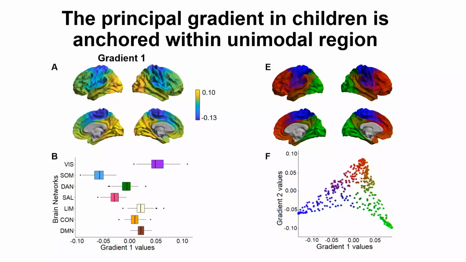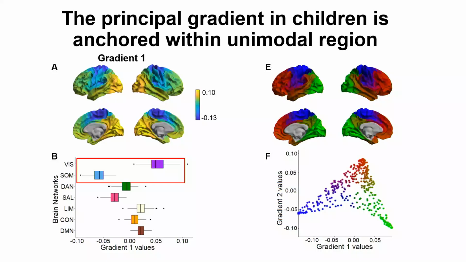In this plot on the left, you can see that we have the principal gradient plotted onto the brain surface. In panel B, we have the distributions of gradient values summarized into 7 networks. We can see clearly that gradient 1 separates the unimodal cortices, between the visual and somatomotor regions.